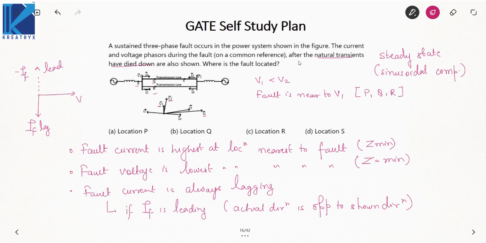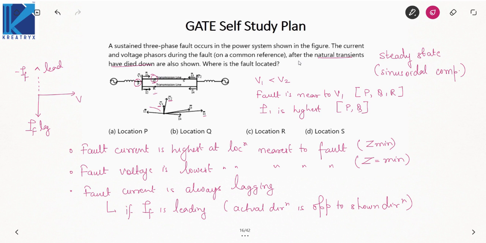See, I1 is highest. If I1 is highest, we can say the fault will be nearest to I1. Nearest to I1 means either Q or P, it cannot be R. So we are narrowing down the options to P and Q.